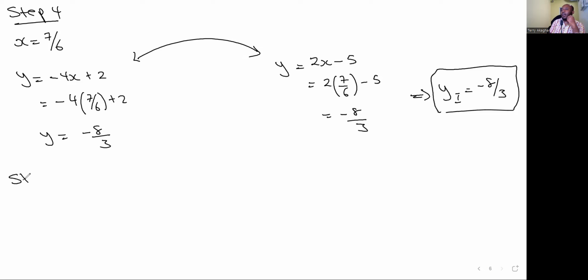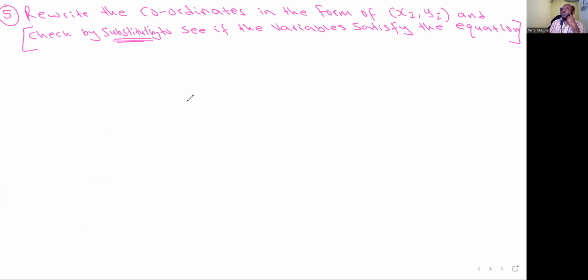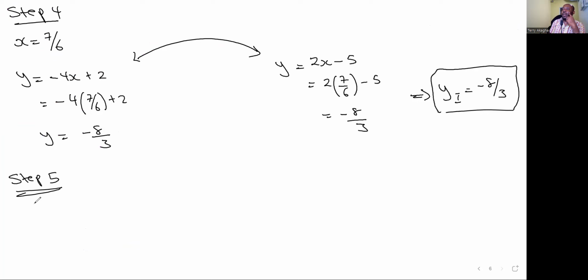All right, step 5. After doing that, what's the next step? The next step is to write the coordinates in the form of xi, yi. So we're going to write it now. So our xi, we'll write it in the form of xi, yi. All right? So what was our xi?